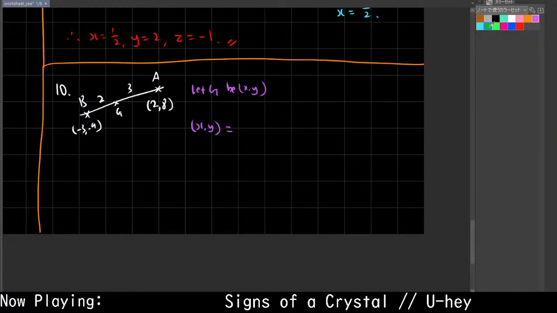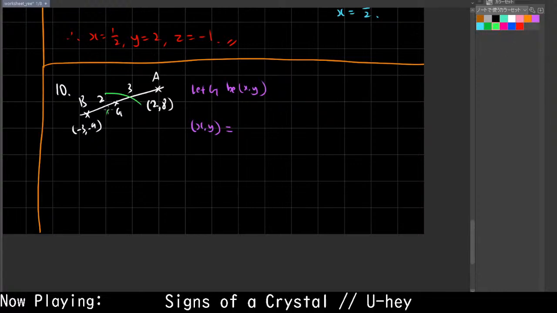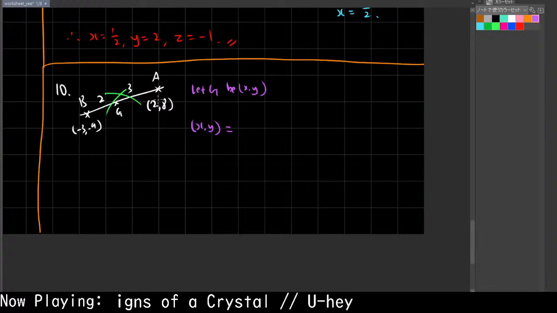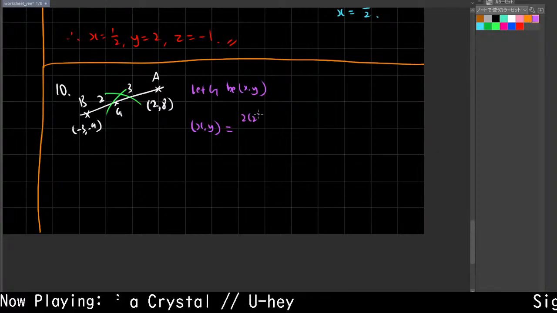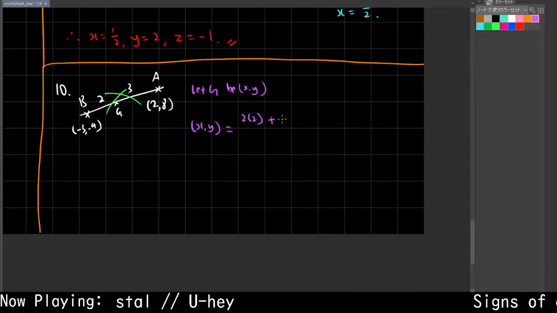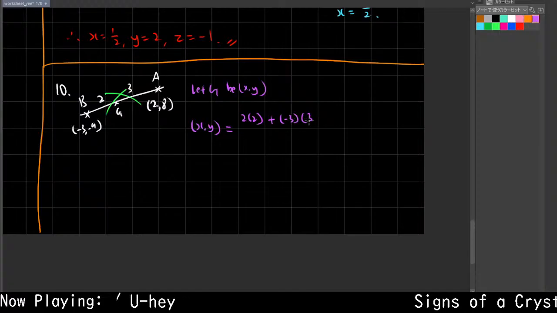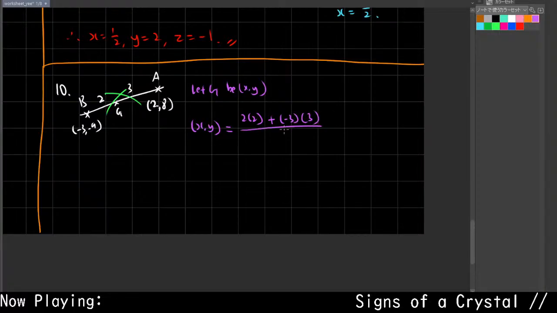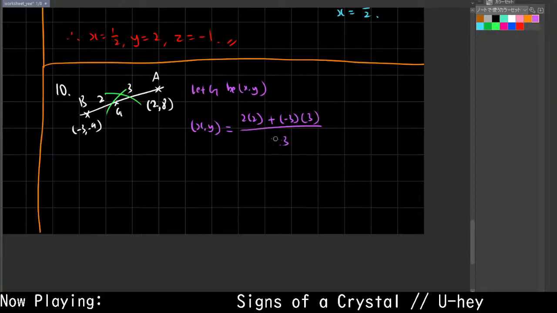You multiply over here and over here. So 2 times 2, 4 times 2 plus negative 3 times 3, and then 2 plus 3 over 2 plus 3. I just put here first. This will be your X.